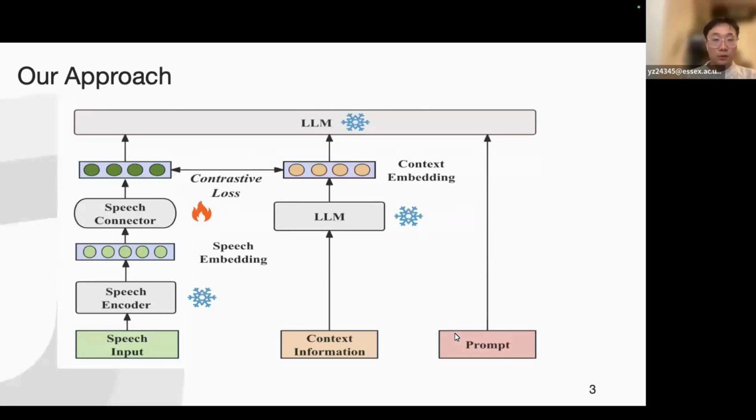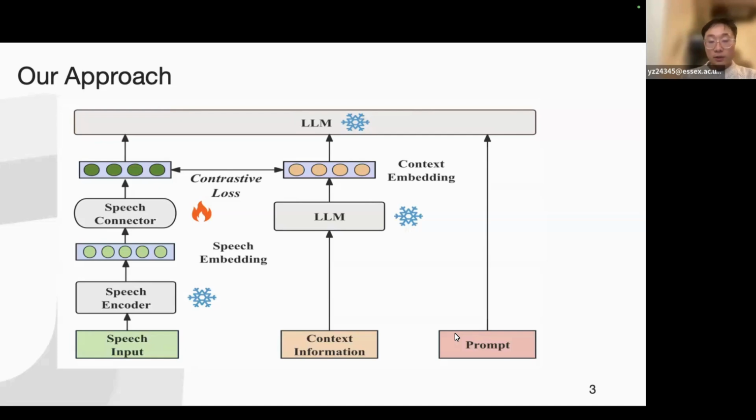To address these two questions, we propose a context-aware multilingual multimodal speech LLM. So we have three different parts of inputs. The first, of course, is the speech input. It will go through a speech encoder and then get the speech embedding. The speech embedding will then be further processed by the speech connector.